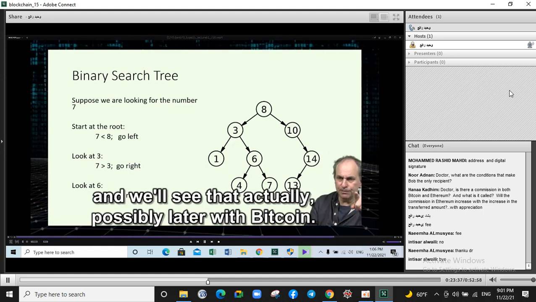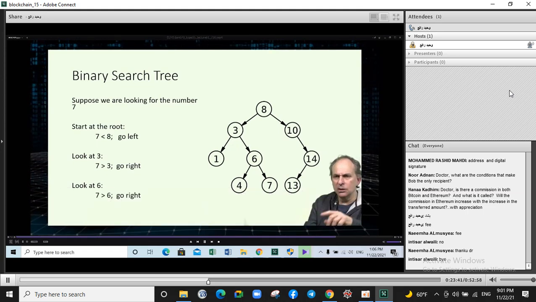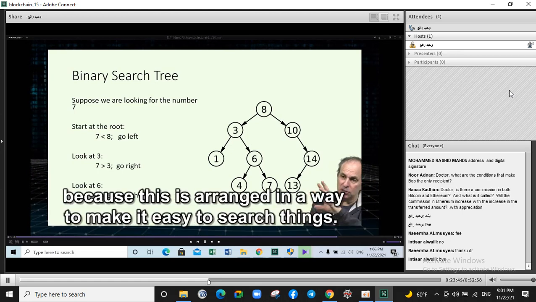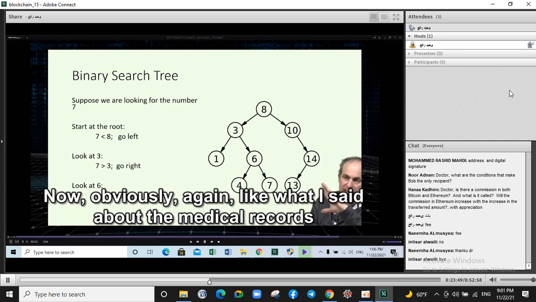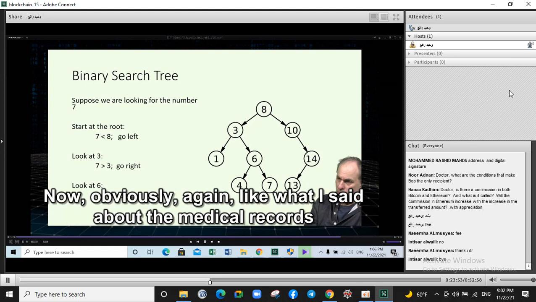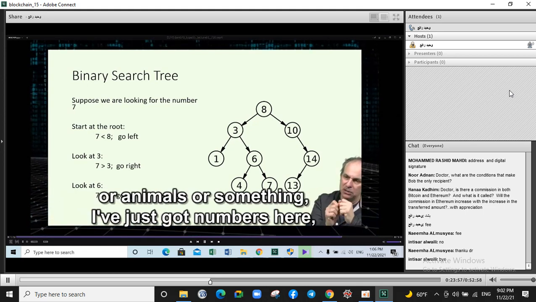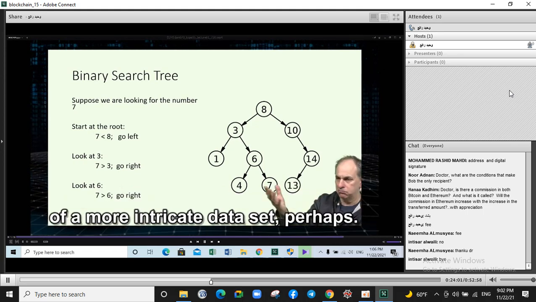Binary trees are an important part of what we're going to do. This is a search tree because it is arranged in a way to make it easy to search things. Again, like what I said about the medical records or animals, I've just got numbers here, but these numbers will be the key elements of a more intricate data set, perhaps.